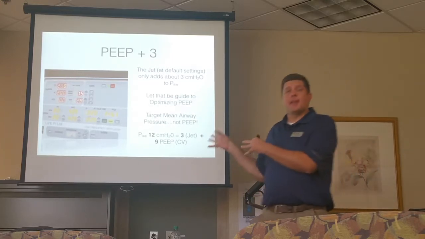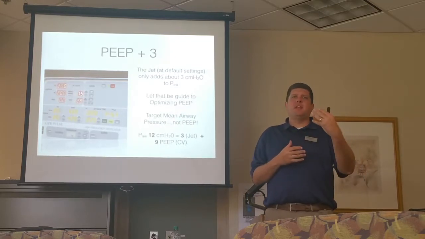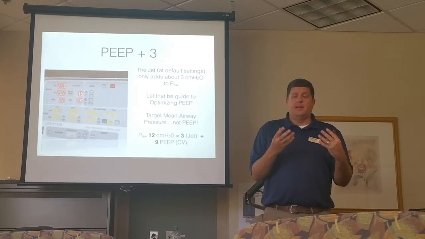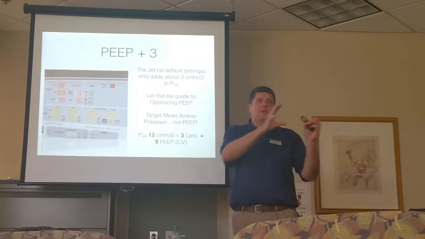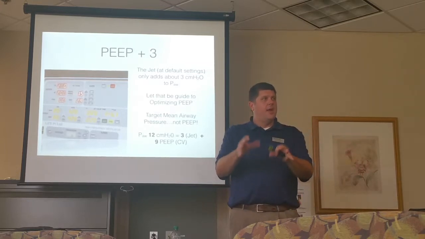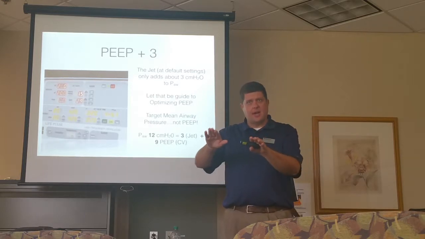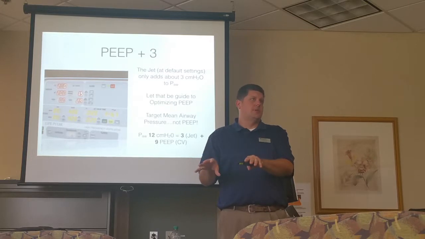Okay, so this is where that can help you, in that transition, is to say, hey, I may not need a mean of 15, but I'm gonna shoot for like 13 to start with. And to get that 13, my PEEP's gonna be about 10 to start with. And then once we've successfully transitioned over and things are calm, then we can start to titrate our way down to where we want to be. Because the whole point of going to the jet is to be at a lower mean airway pressure anyway, right?